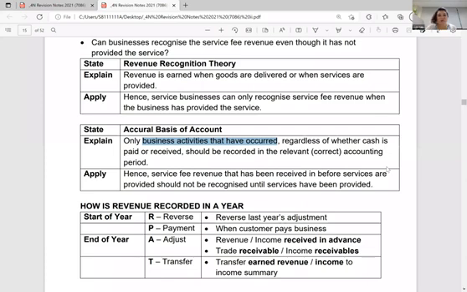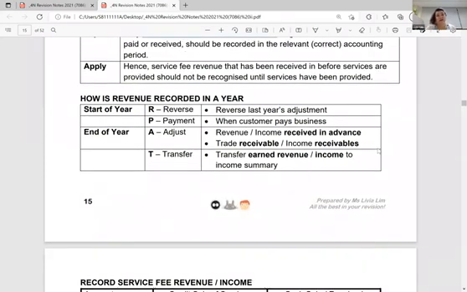Now, what are the key items that happen in income or expense? What are some of the key transactions that happen in relation to income and expenses? Usually the first thing that happens at the beginning of the year is, if there is an adjustment, we reverse last year's adjustment. We'll talk about that a little bit later.